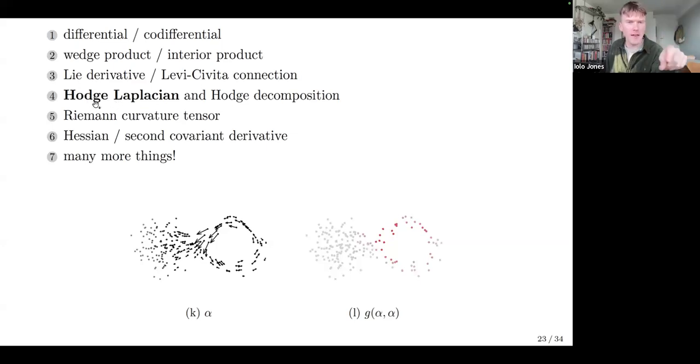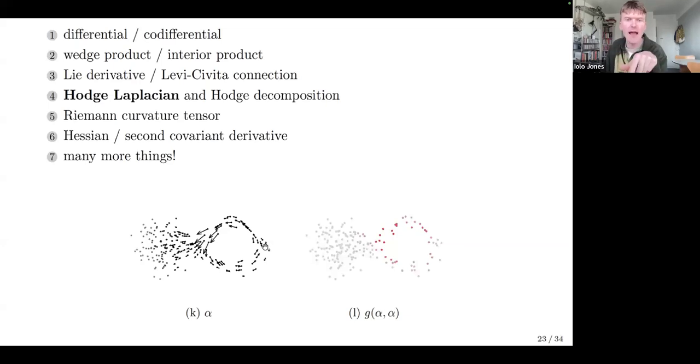The reason I've emphasized the Hodge-Laplacian is because if you care about the topological data analysis question of where there are cohomology classes in your data, one way to access that through the geometry is to look at the Hodge-Laplacian, which is an operator from k-forms to k-forms, and it has this property that the kernel of the Hodge-Laplacian is the cohomology of the space.